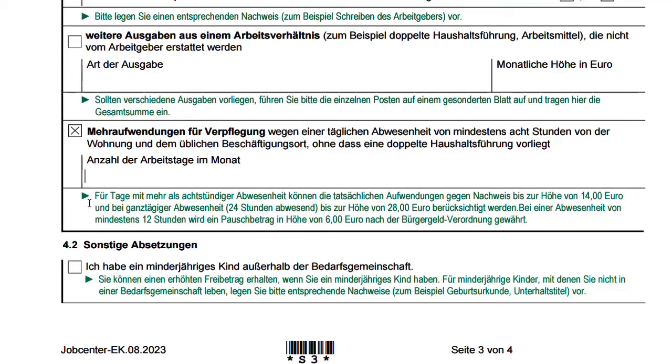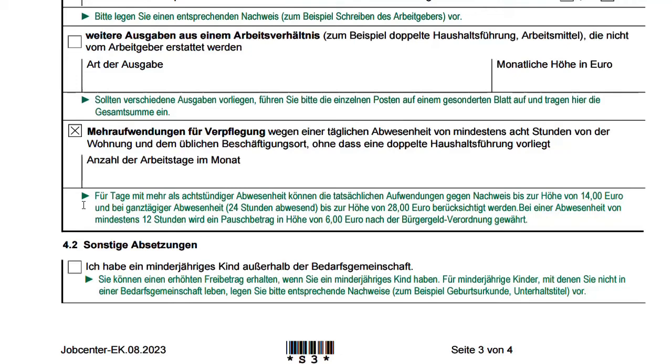For the days in which he or she is more than 8 hours absent from home, and he or she provides proof about it, 14 euros will be considered as his or her expenses. And if he or she is absent from home for a full day, which means 24 hours of absence, 28 euros will be considered as his or her expenses.